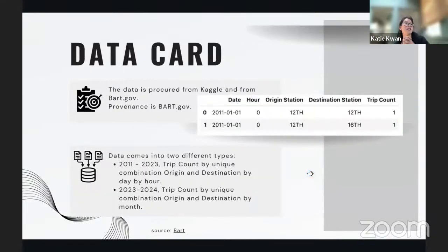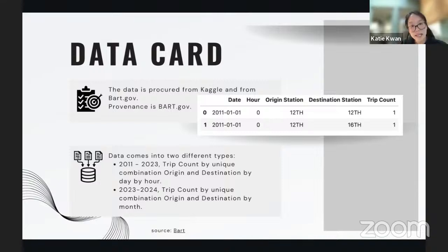All right, I just want to talk quickly about the data that I used. I procured the data from Kaggle, but it is from BART.gov, and it's very simple in its essence. It tracks origin and destination stations, so a unique trip by hour and by date, alongside a trip count. This information is available in 12 different files from 2011 to 2023. Then from 2023 to 24, they changed the way they roll up their data.